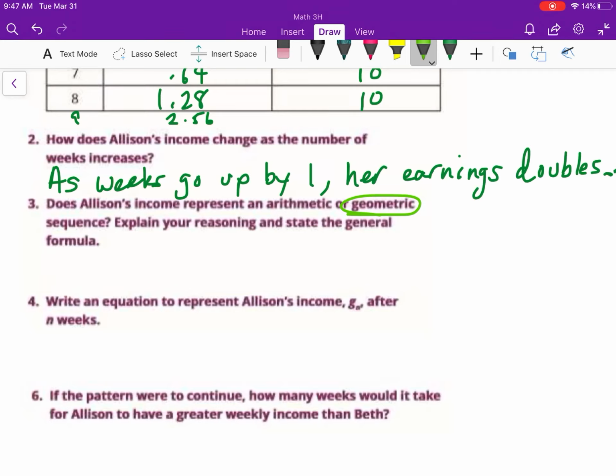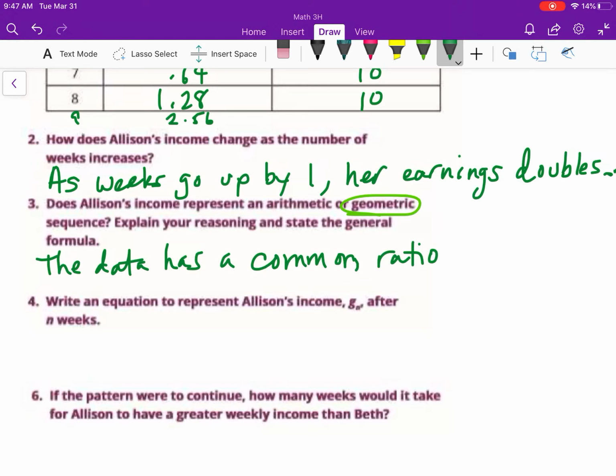Well, if she has this sequence and she's doubling it, she's going to have an actual common ratio of 2. Okay, so the data has a common ratio of r equals 2. Remember, r is exponential and d is arithmetic.